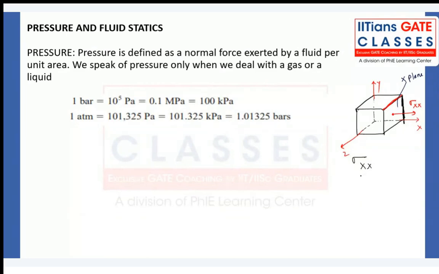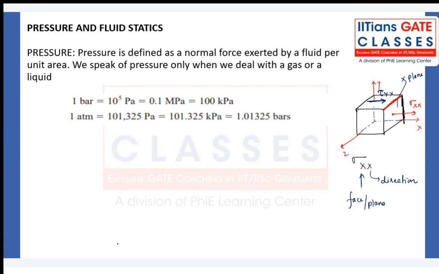So this denotes the face or plane on which it is acting, and the direction. If I represent it like this, then on a y face in the x direction, this will be yx. So we represent it by two indices. That is a second order tensor, right?